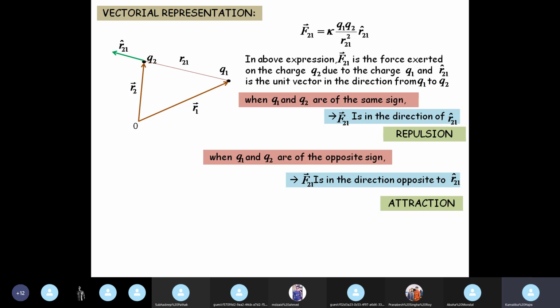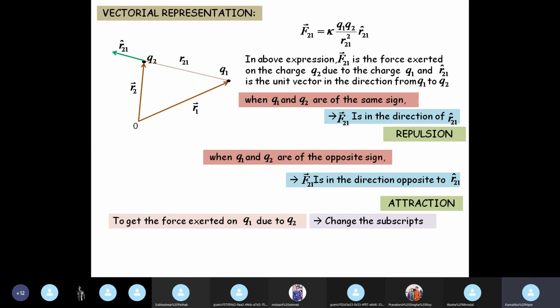It comes straight away from the direction of the force related to the direction of the distance joining the two charges. All right. We said that this notation F21 is the force exerted on q2 due to q1. How do we get the force exerted on q1 due to q2? We just change the subscripts.